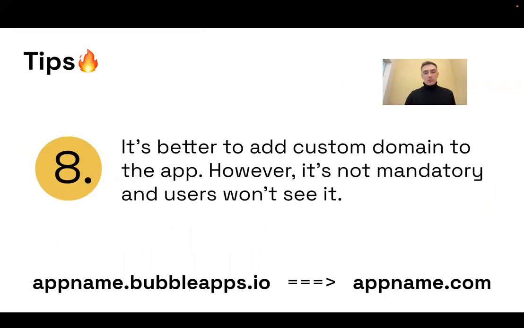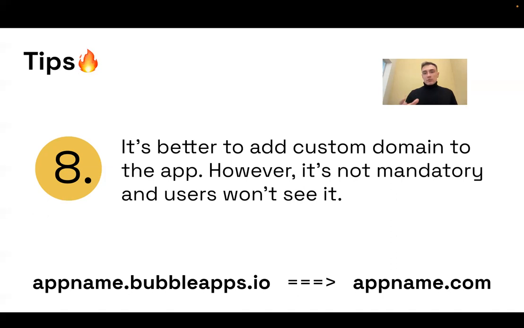The 8th piece of advice is it's better to have a custom domain name before the release date, but it's not mandatory for Apple review, and even your users won't see that you don't use a custom domain. You can continue using appname.bubbleapps.io. However, in my case, I needed to change to a custom domain name because of email deliverability, because some emails got into the spam folder.